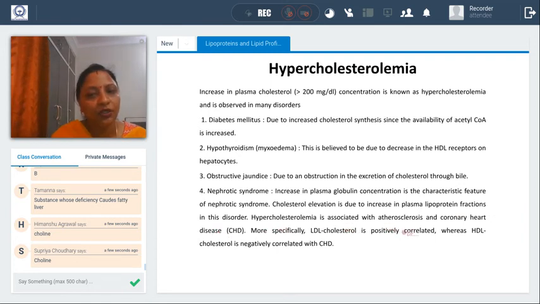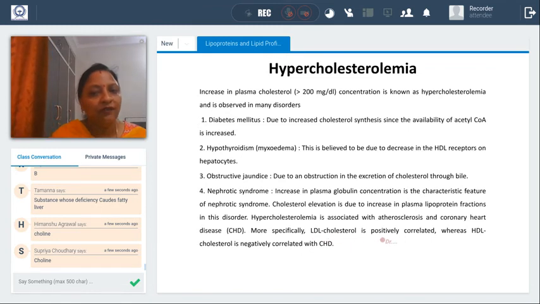Hypercholesterolemia is associated with atherosclerosis and coronary heart disease, that is called CHD. So you all know the impact of cholesterol. More specifically, LDL cholesterol is positively correlated, whereas HDL cholesterol is negatively correlated with CHD.